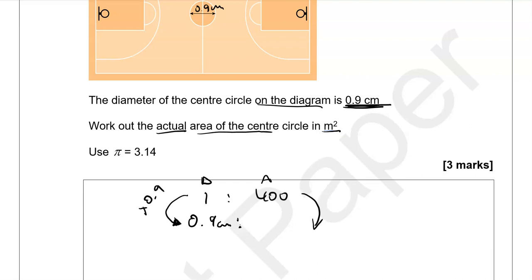So we're going to do the same on the other side. Using a calculator, 400 times 0.9 gives us 360, and that is centimeters. Because we haven't got any units here and we use centimeters here, so that is going to be the same.